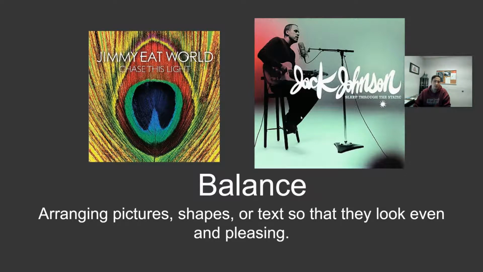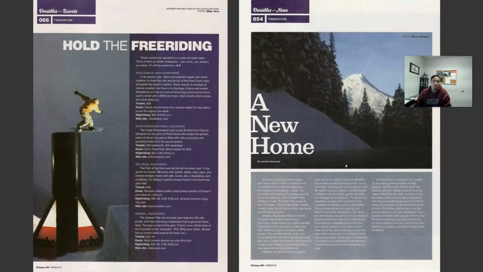Like this one's offset, right? The character's on this side, and then on this side there isn't a dark character. That would give it balance on this side too, but there's more white text. So this character balances with the white text and the more text on this side to give it a nice balance here. So arranging pictures, shapes, or text so that they look even and pleasing.